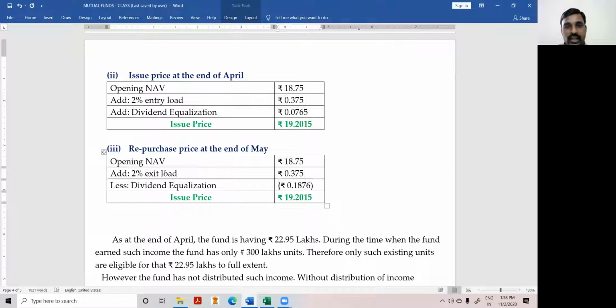Sorry, I have to add the exit load. This is reverse because we are redeeming. Less exit load charged.